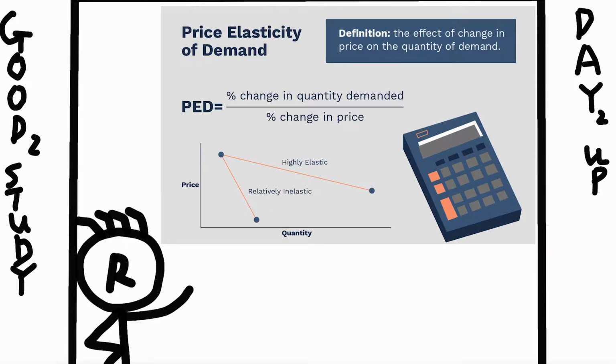of the good. So a flatter demand curve means the good is relatively more elastic, and a steeper demand curve means the good is relatively inelastic. A real life example of elastic goods would be something that has a lot of competitors or alternatives. For example, apples and oranges.